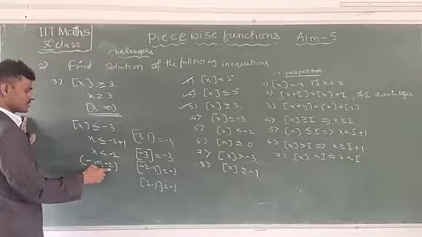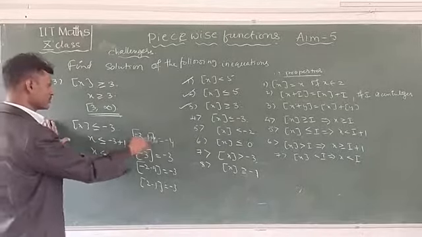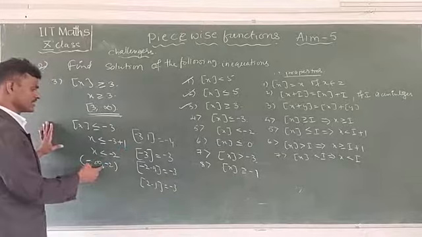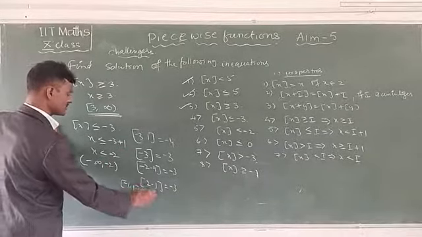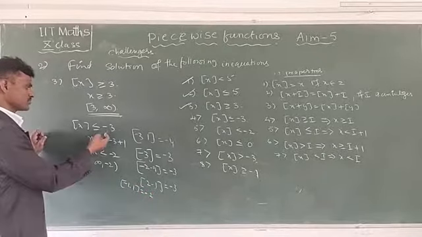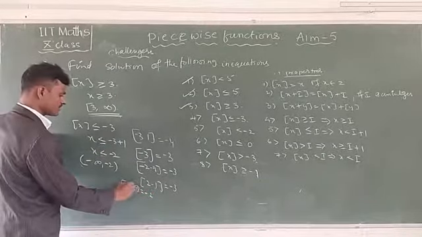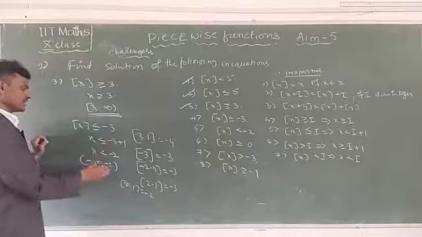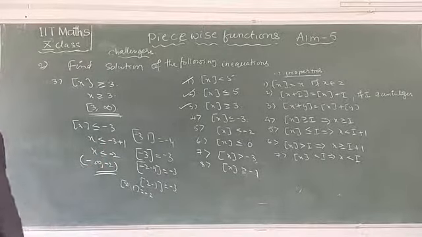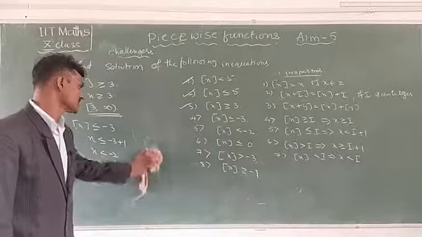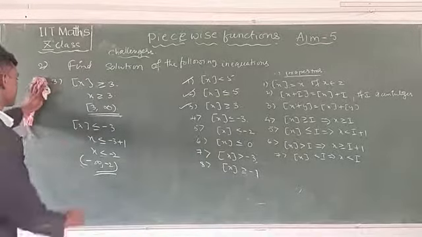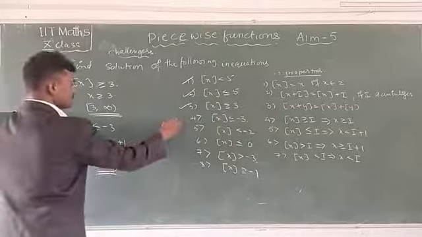That's why you can take up to minus 2, but don't include minus 2, since floor of minus 2 is minus 2, which is not possible. You can take minus 2 point something, which gives minus 3. That's why minus infinity to minus 2. Understand? Note down this one. Third one, fourth one, both completed.